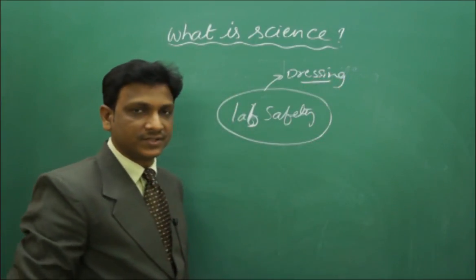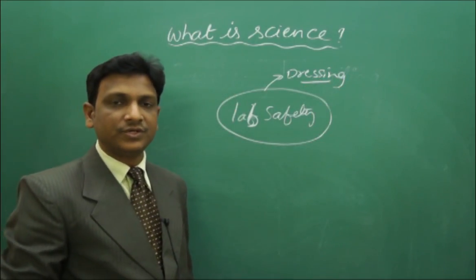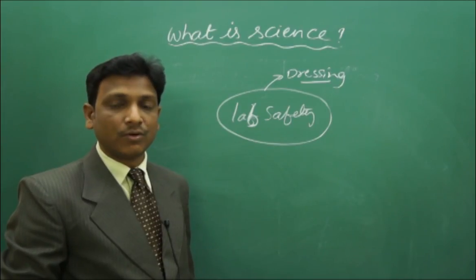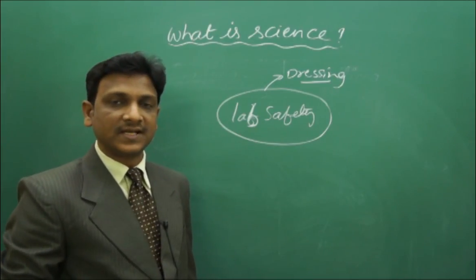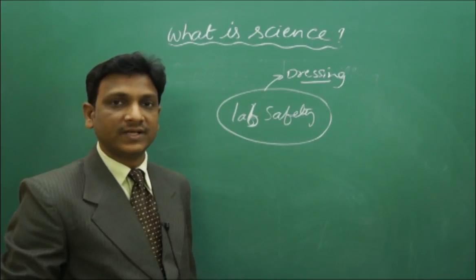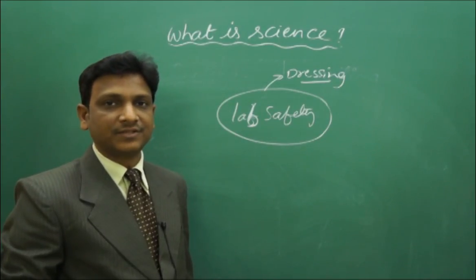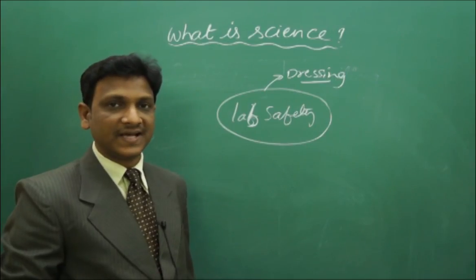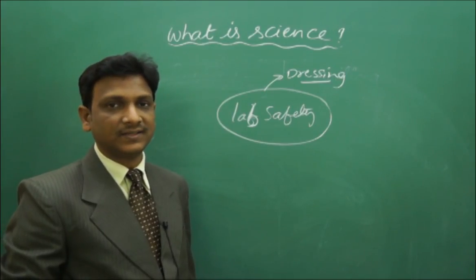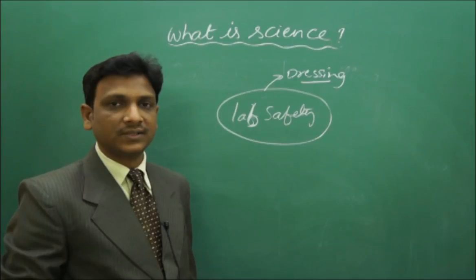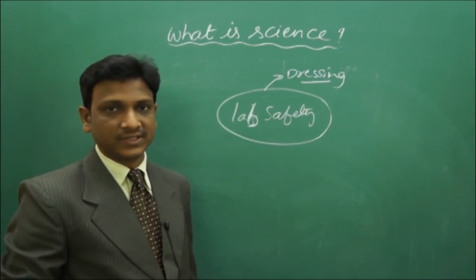Dressing is very important. Preferably we should enter the labs with cotton clothes or a cotton apron. We see scientists, lab persons, even doctors wear a white apron, which is made of a natural fiber like cotton, which will catch fire less easily. That is very important, because if any chemicals spill, this apron will protect.